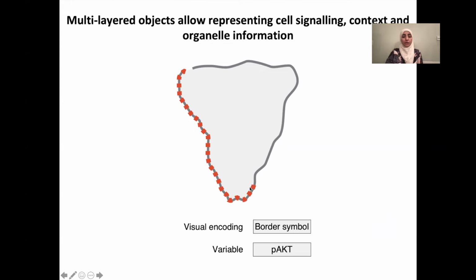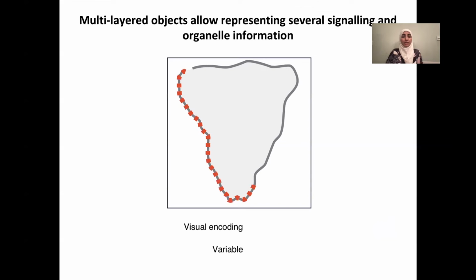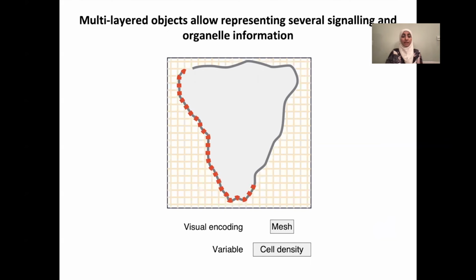And to represent the phosphorylation of AKT, I used the visual element border symbol, where how much it goes around the cell reflects the amount of this protein. I added a square for cell context, and the density of the mesh is mapped to the cell density.